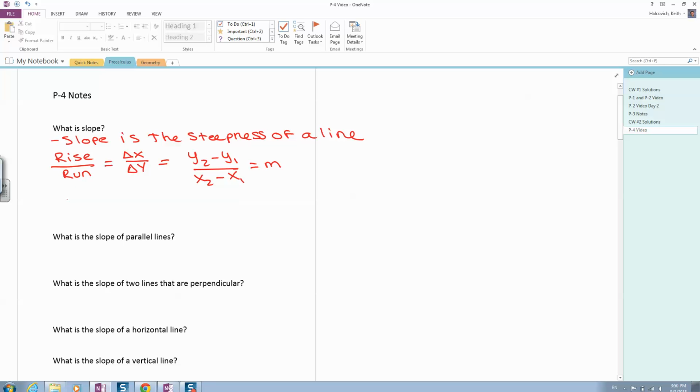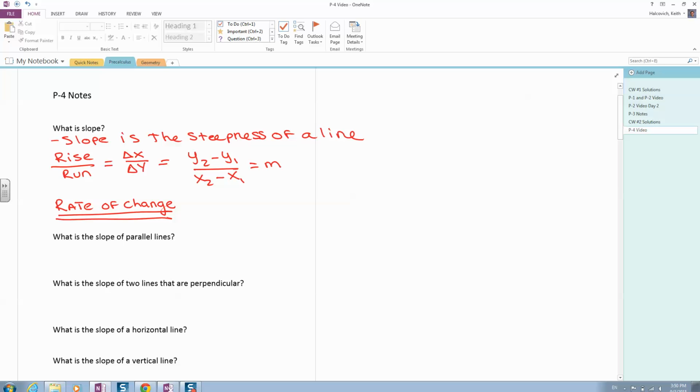We also understand that slope is considered a rate of change, so it can be expressed as a percentage or anything like that.